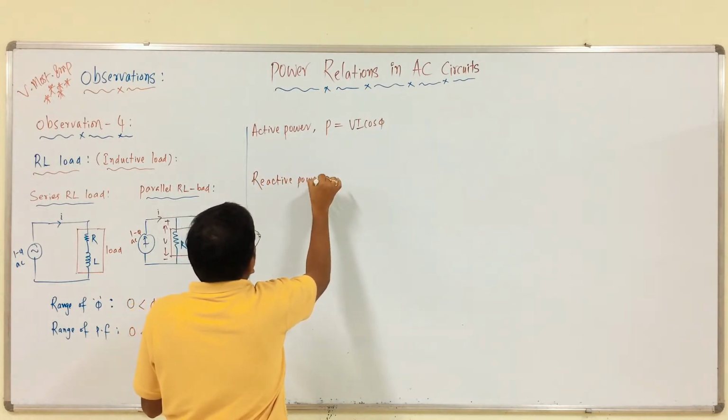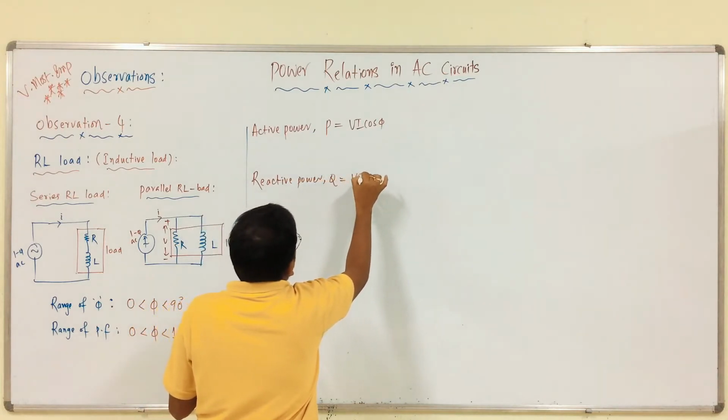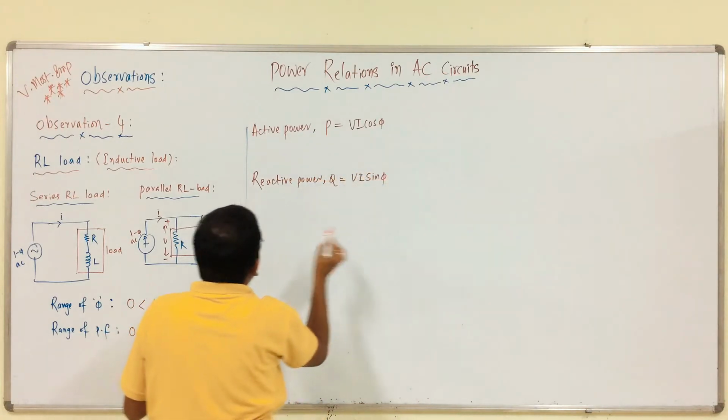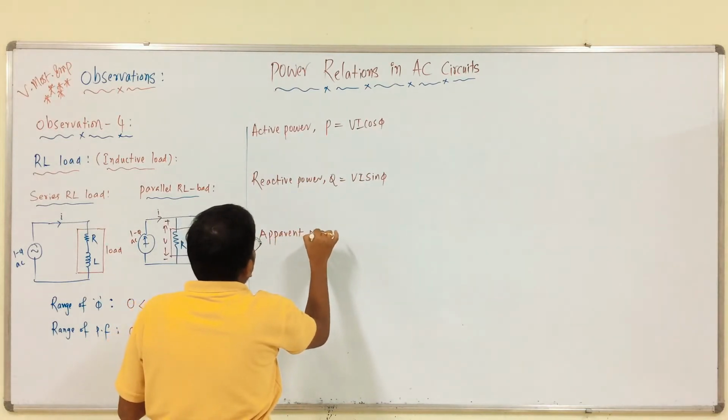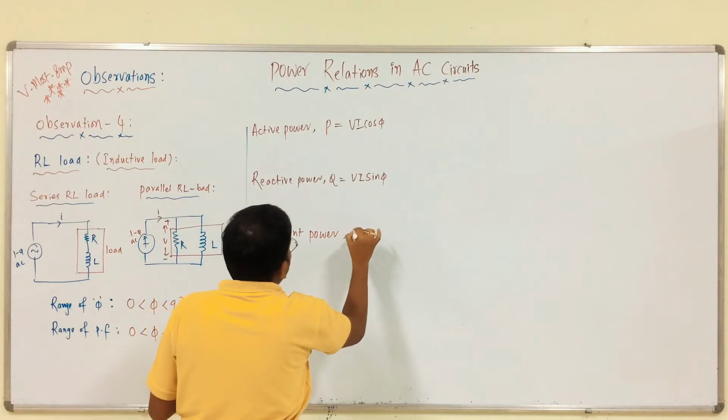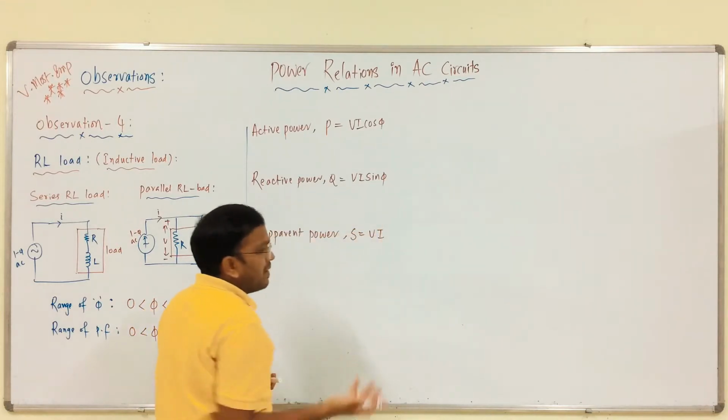Reactive power is V I sin phi. Next, apparent power S is always V I, it is independent of load.